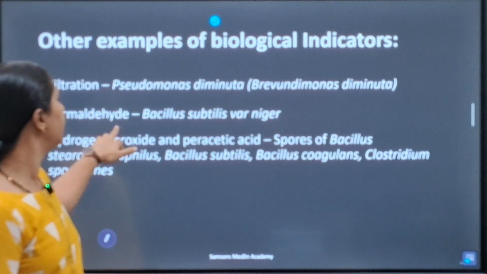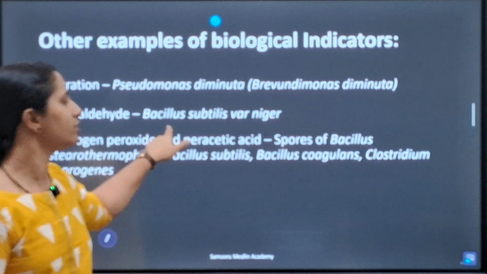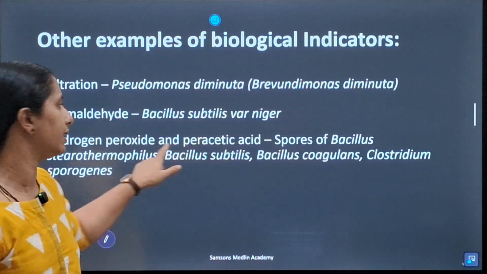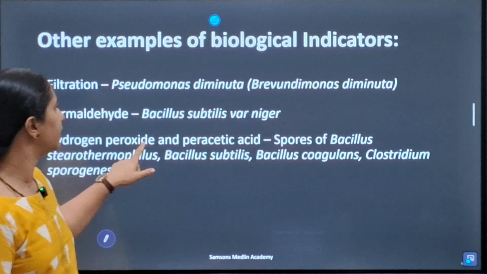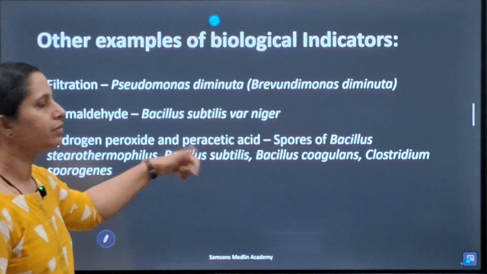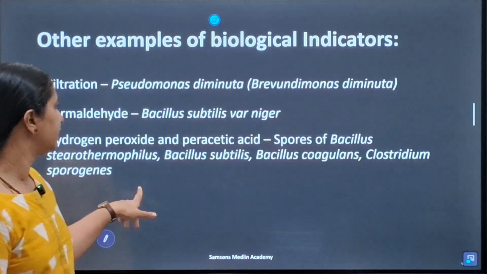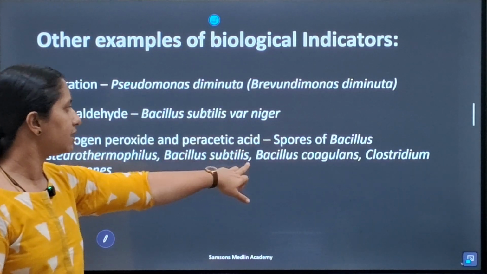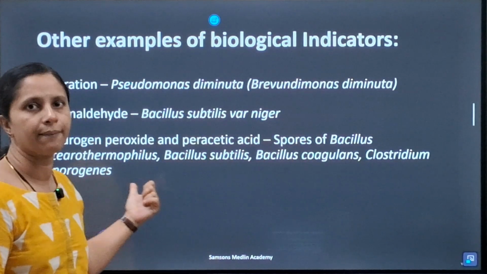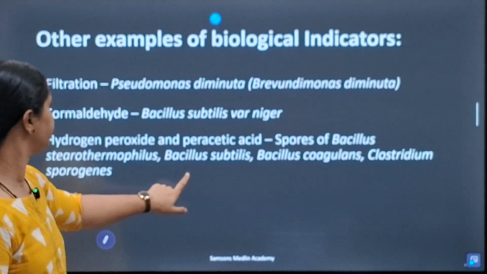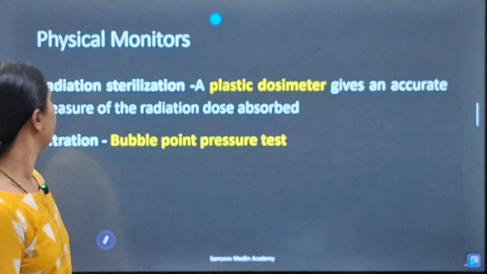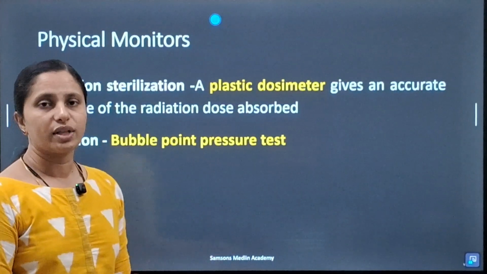Then, for formaldehyde sterilization, we can again use Bacillus subtilis variety niger. Then for hydrogen peroxide and peracetic acid sterilization, we have already seen some biological indicators there. Along with that, we can use Bacillus coagulans and Clostridium sporogenes. So that's all about biological indicators.